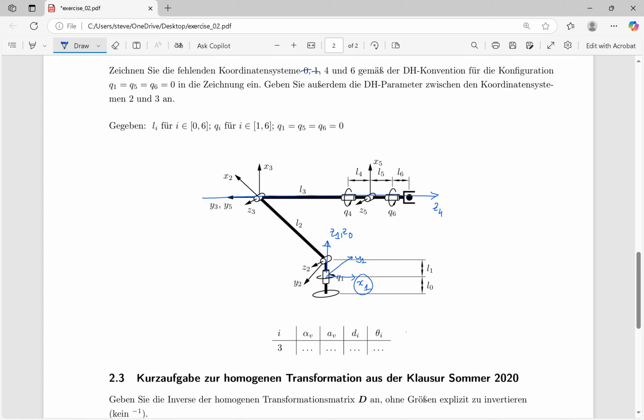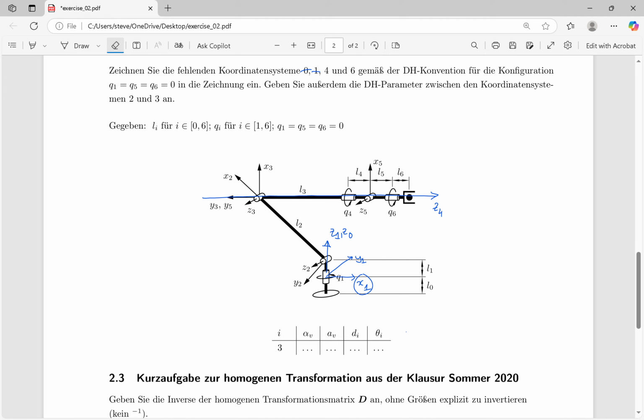Now that we have Z4, where is X4? Well, X4 always points in the direction that connects Z4 and Z5, but in this case, Z4 and Z5 are interconnected. They cut each other.